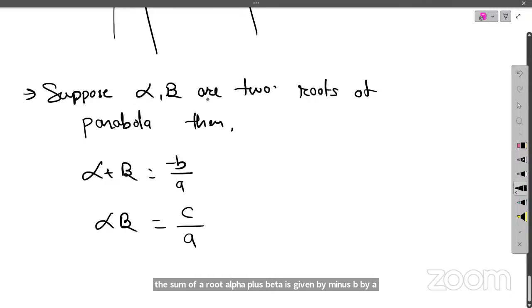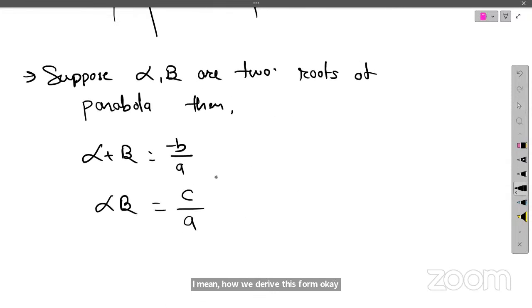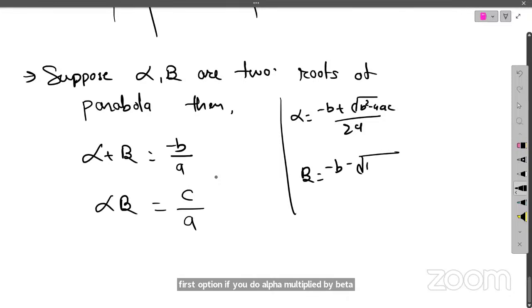These are two formulas which are frequently used, and you can also check how we derive these formulas. Alpha is known to us: minus b plus under the root of b square minus 4ac, by 2a. If you do alpha plus beta, you will get the first form. If you do alpha multiplied by beta, you will get the second form.